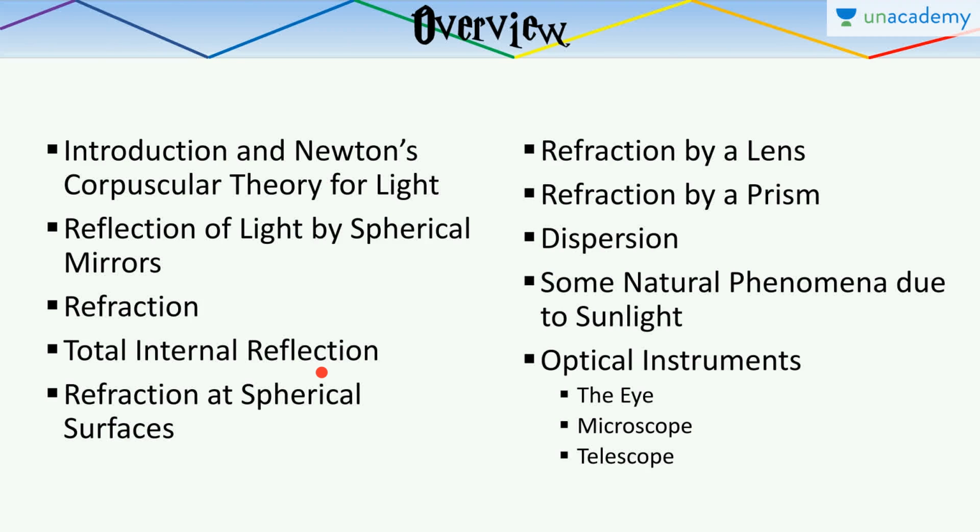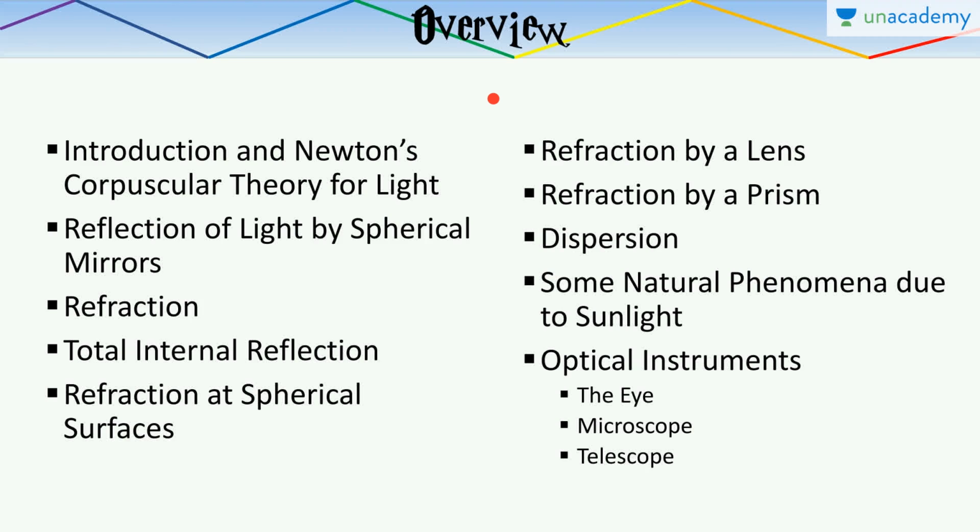So this is a very important concept, and we will learn about it shortly. Thereafter, we go for refraction at spherical surfaces, and a very special case of that will be in the case of refraction by a lens, which is again a very crucial lesson for us because this will pave the way to understanding most of the optical instruments that we come across in our daily lives.